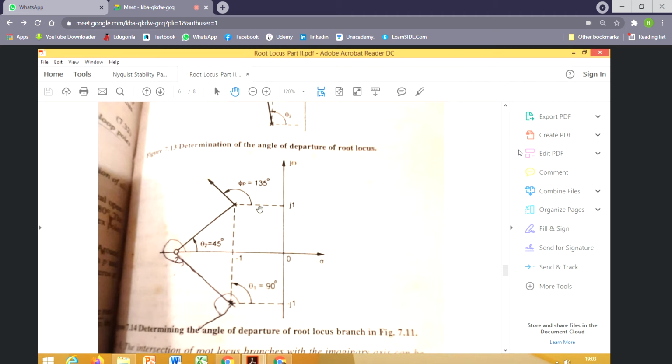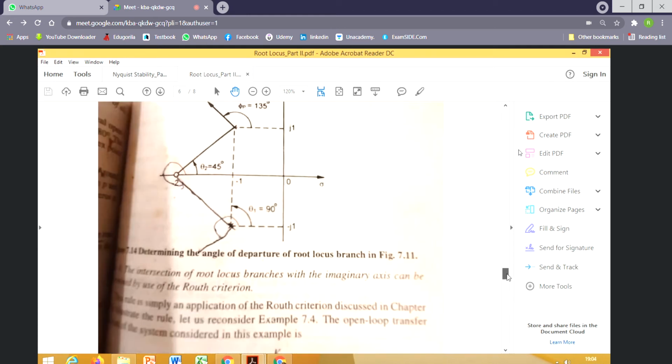Yes, ma'am. Right. So you can see the angle is plus 135 degree. That means the root branch will originate in this particular direction. And similarly, if you calculate this angle of departure, very easily you will be able to find out the angle of departure from this conjugate pair. So the root branch will originate in this direction because of the property of symmetry. Clear? Yes, ma'am. Clear.